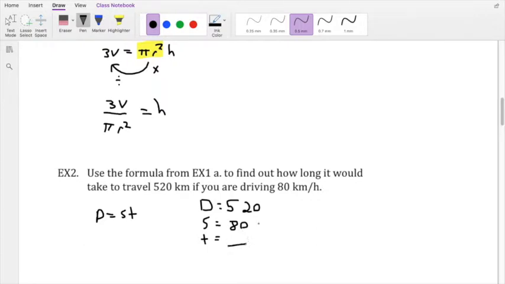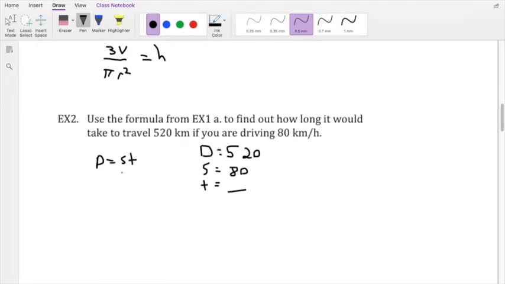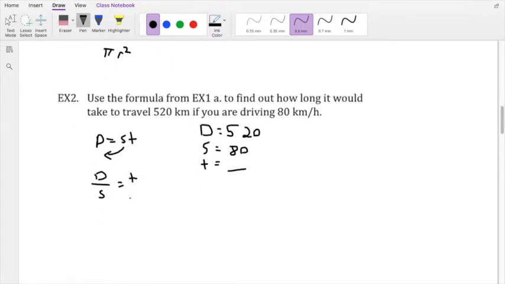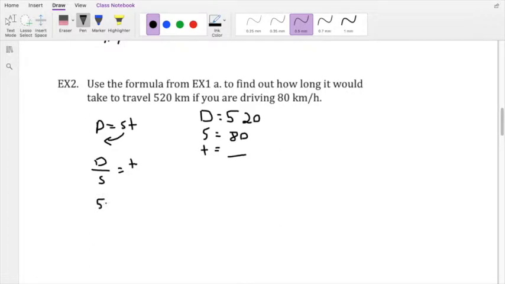So that really tells me what I need to find. So I'm going to isolate, so I'm going to move this over. It's going to become a divide. Divided by S equals T, and then I can plug in my numbers. 520 divided by 80 equals T. 520 divided by 80 equals 6.5.